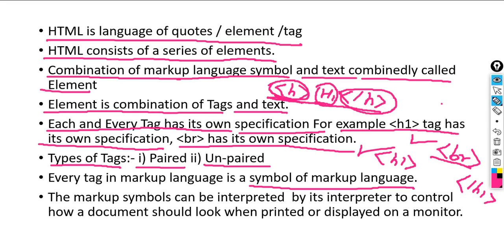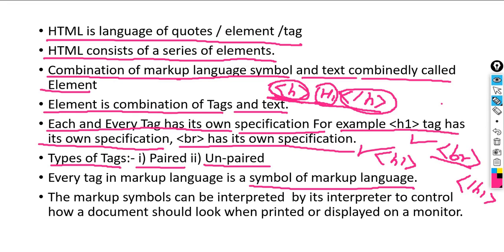Markup language is a standard text encoding system consisting of markup symbols embedded in a document, which controls the structure of the document, the format of the document, and the relationship between different parts of the document.